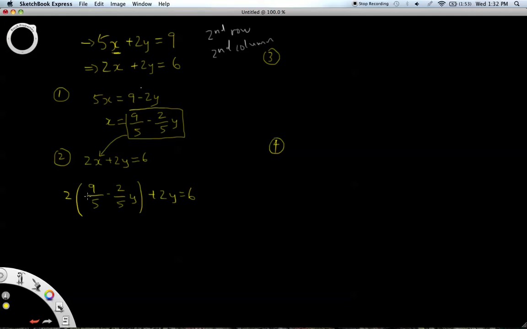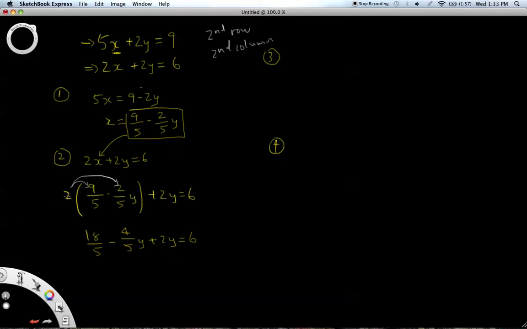Now let's multiply this. I'm going to do this a little quickly, but let me just slow it down just in case on the side here, just to show you how I got this 18 over 5. So again, this is following distributive property. So let me do it actually on the side here.